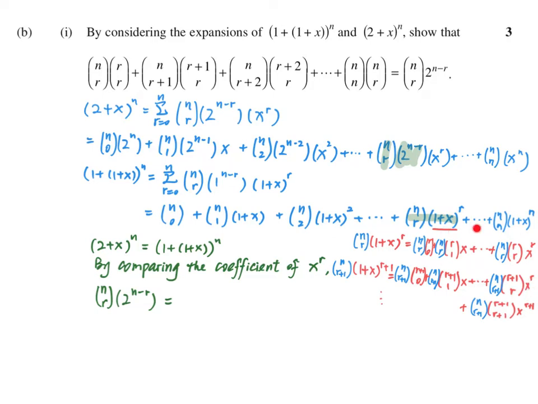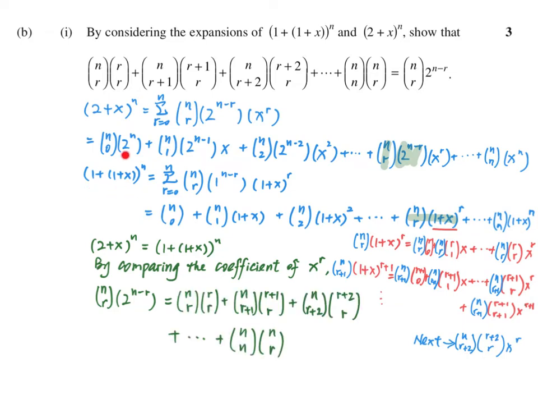Therefore, in all the expansions after this (1 plus x) to the power r term, you should always, in each expansion, find an x to the power r term. And the coefficients of them should be in the form like NCR times RCR and NC(r+1) times (r+1)CR. And the next one should be NC(r+2) times (r+2)CR.